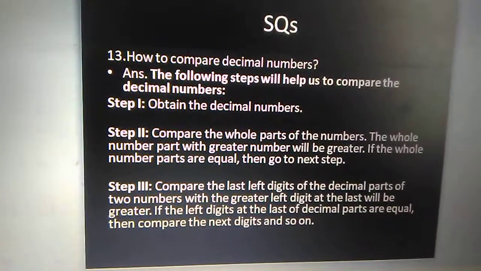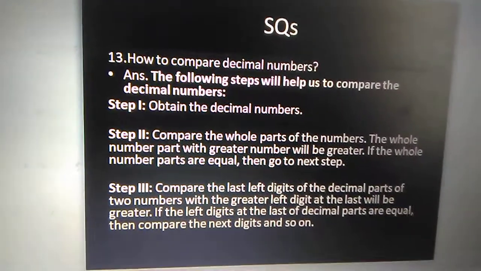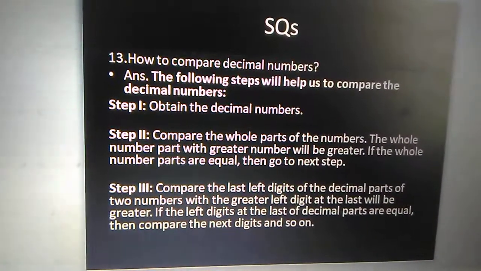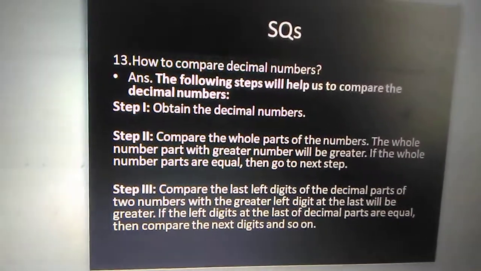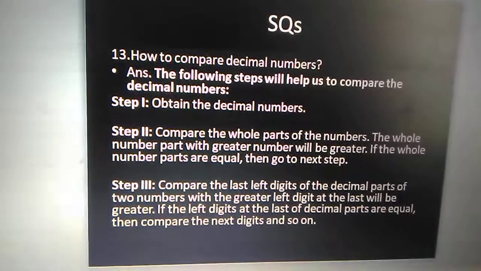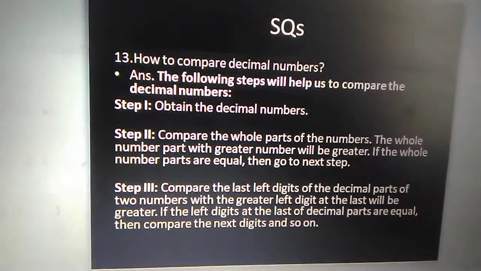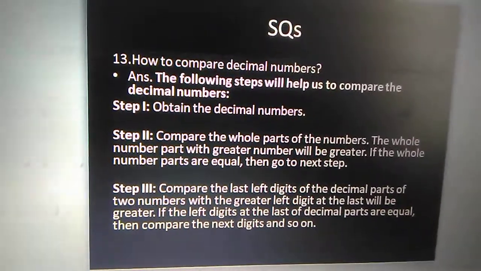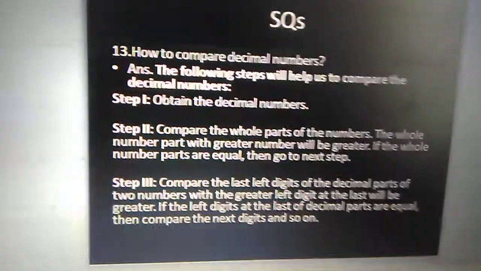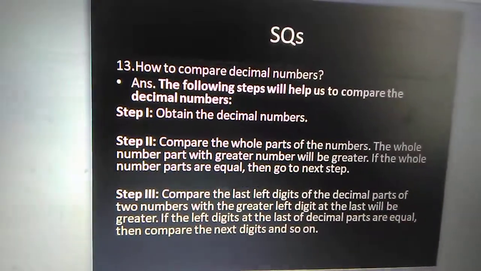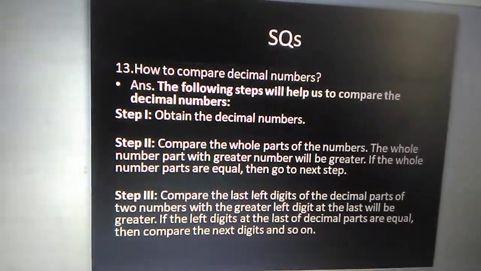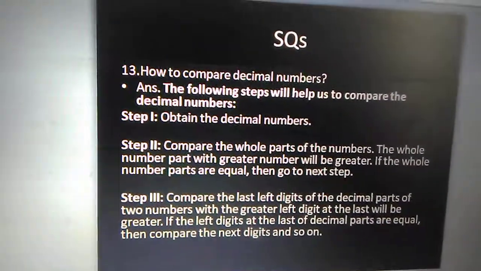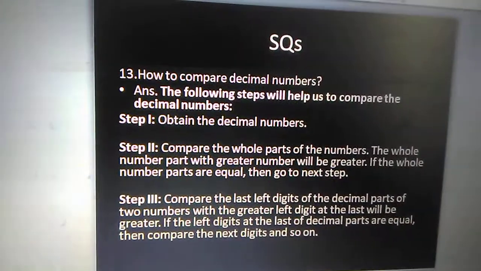Compare the leftmost digit of the decimal part. How will you compare the decimal part? You compare the leftmost digits of the 2 numbers, and the one with the greater left digit will be greater. If the left digits of the decimal parts are equal, then compare the next digit and so on. For example, if 35.35 and 0.25 are given, we compare the 3 and 2.